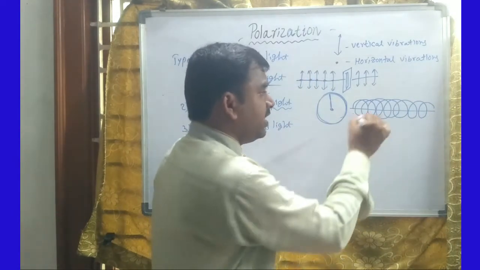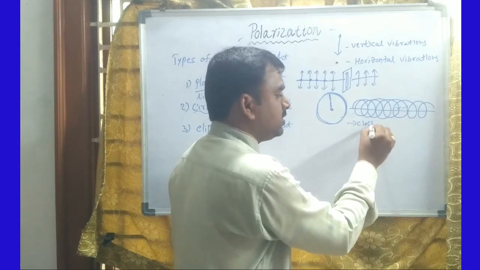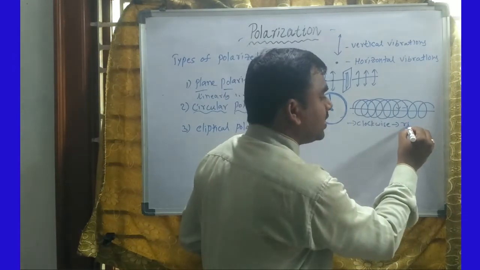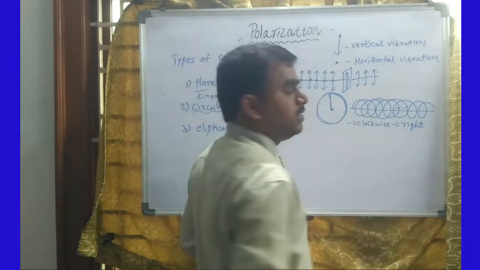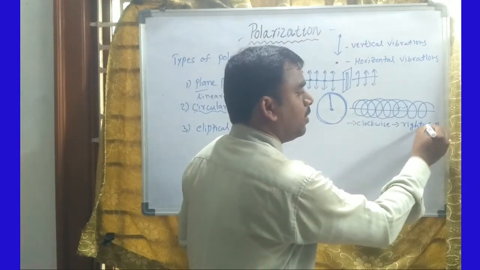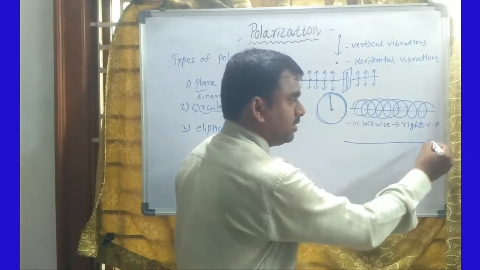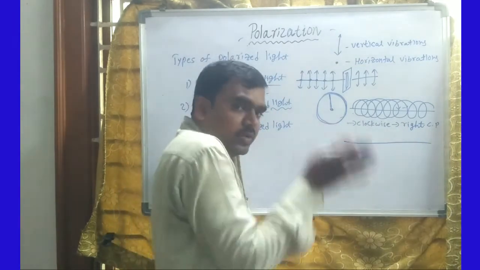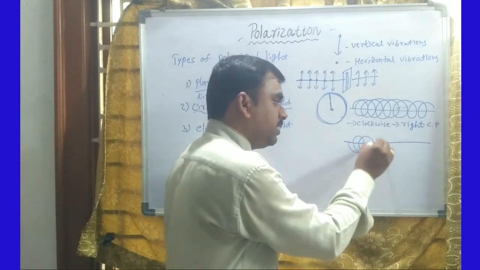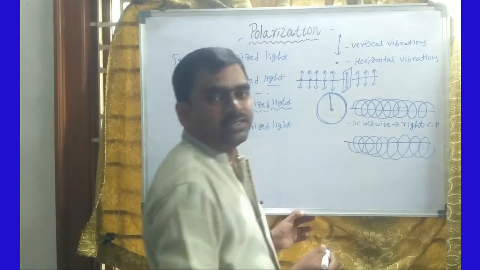Now, if it is in a clockwise direction, we can say that is right circularly polarized light. I am not writing it fully. For example, the light is passing like this, and the rotation of the particle is like this with constant amplitude.